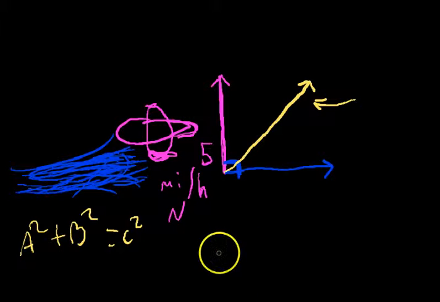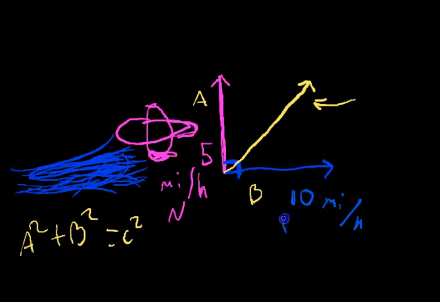So we want to assume that the original velocity vector in the northern direction is the a term, and the wind opposing it at a right angle is the b term. Oh, I'm sorry, I did not give the b a magnitude. Let's call it 10 miles per hour in the easterly direction, east, all right, it's going east.